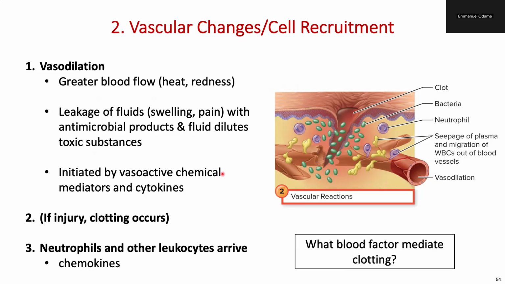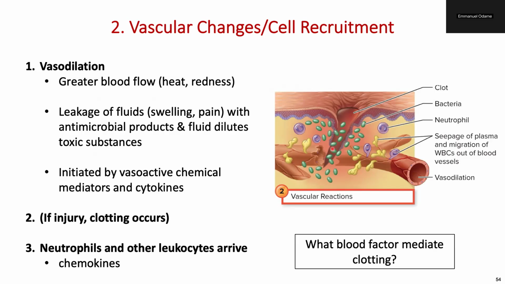So the leakage of fluid which you see on your skin contains antimicrobial products and fluid that dilutes toxic substances, which are present to get rid of all of the bacteria. So as you can see, the immune cells are now leaking out of the blood vessels to come and attack this.